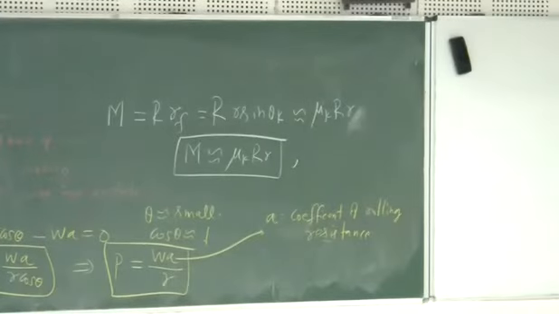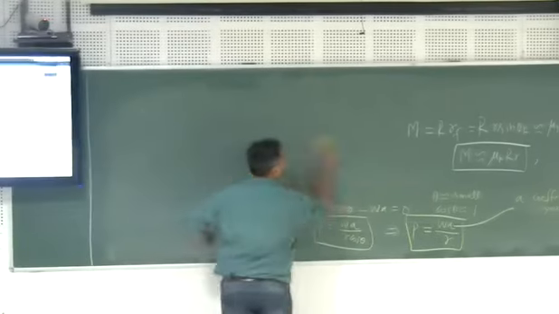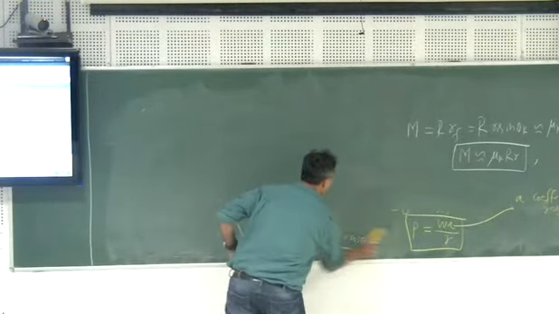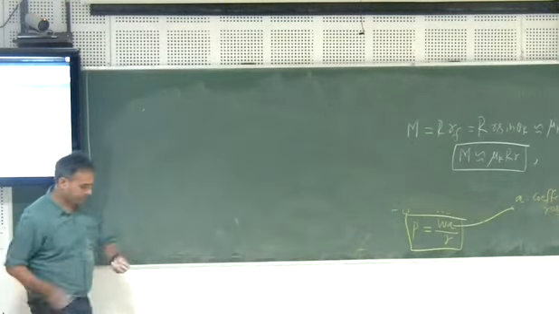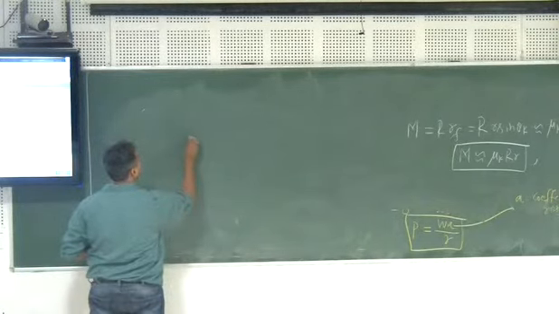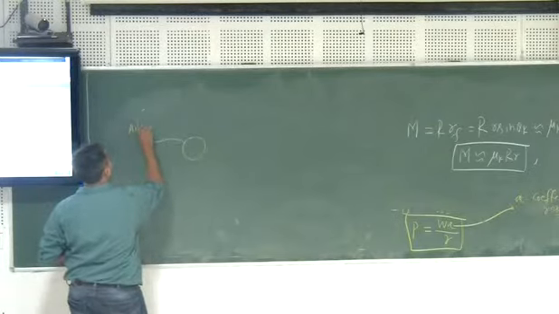Now let us take an example where both frictions exist: journal friction as well as rolling resistance. Let us take a case where this is an axle, and here is a tire.